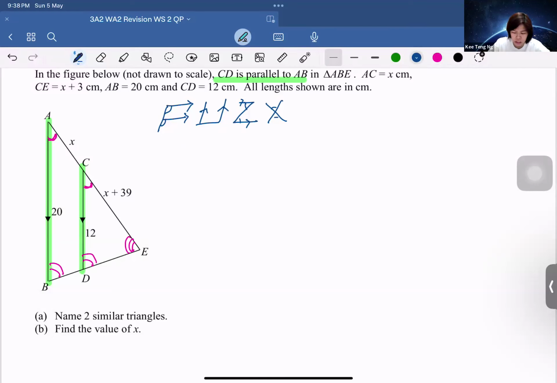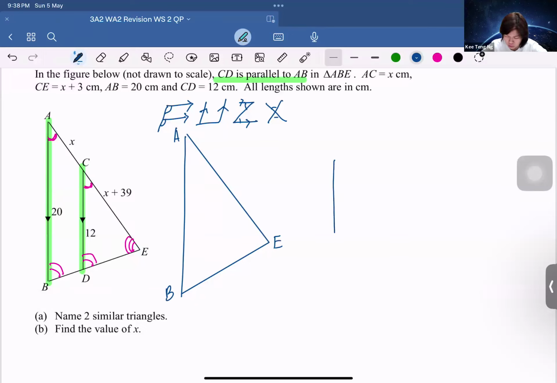So if that's the case, I actually have a big triangle ABE, which will be similar to the smaller version of the triangle, CDE, where the angles are the same.